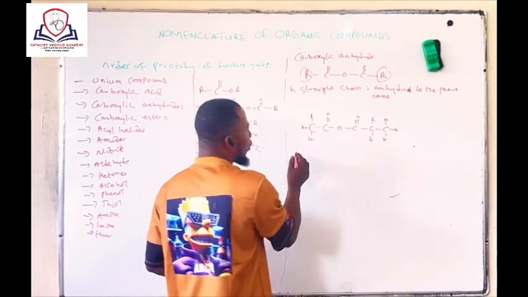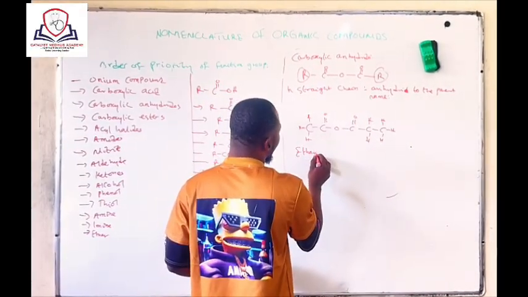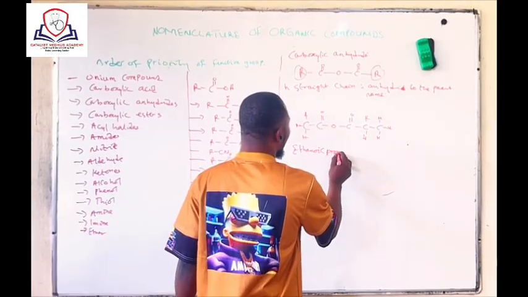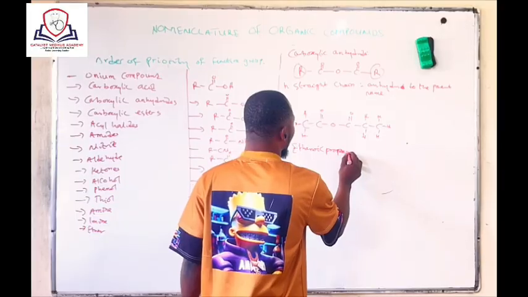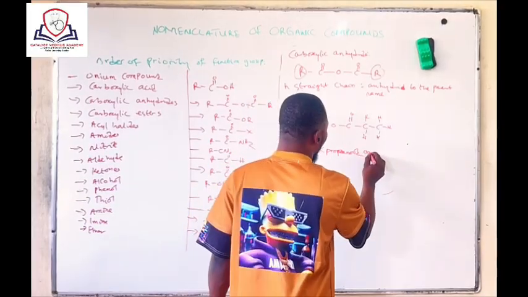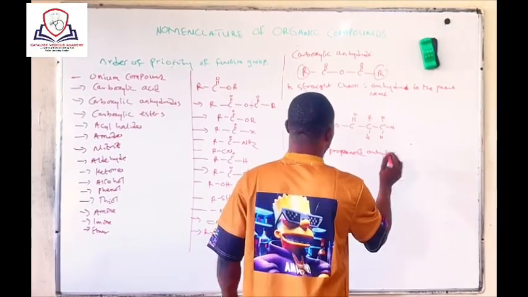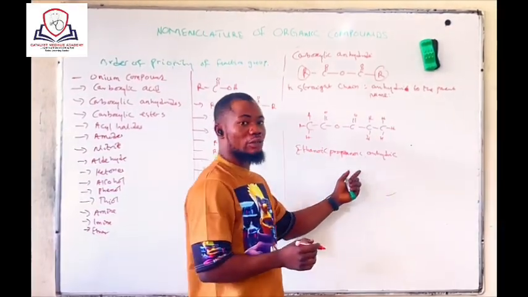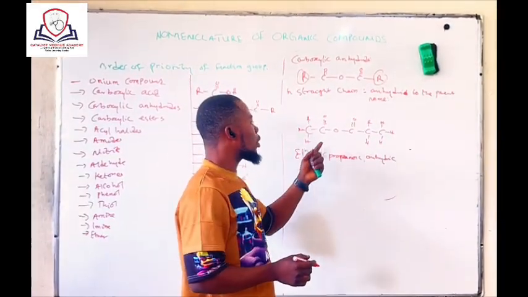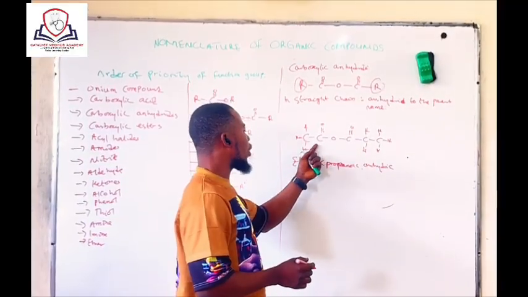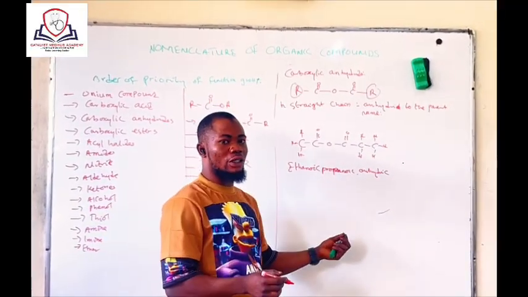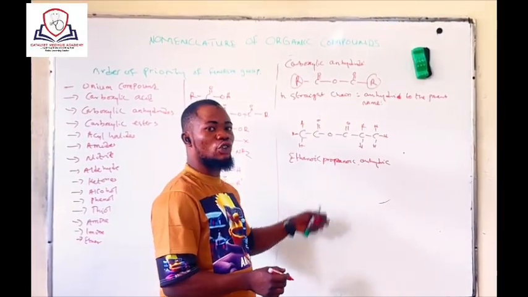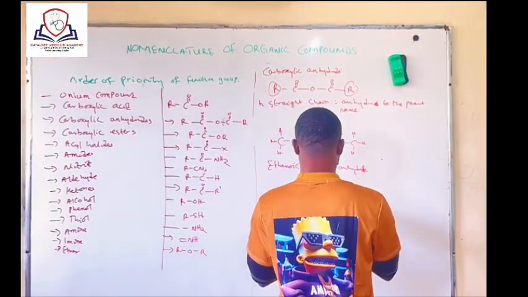Carbon number 2 is ethanoic, carbon number 3 is propanoic, and anhydride. Ethanoic propanoic anhydride. Since they are not symmetric, you must name each part. These are named as carboxylic anhydrides in a straight chain.